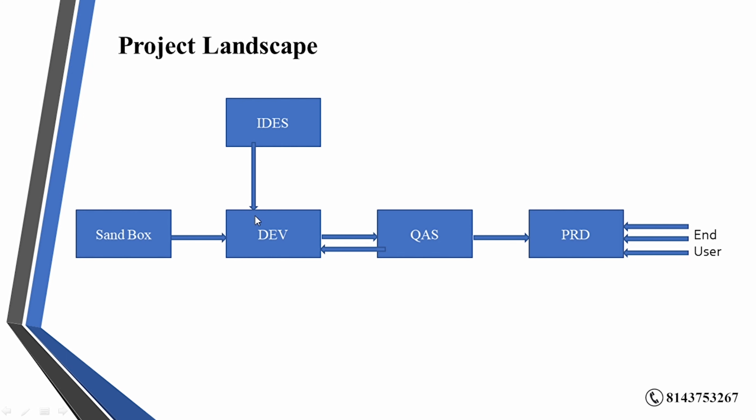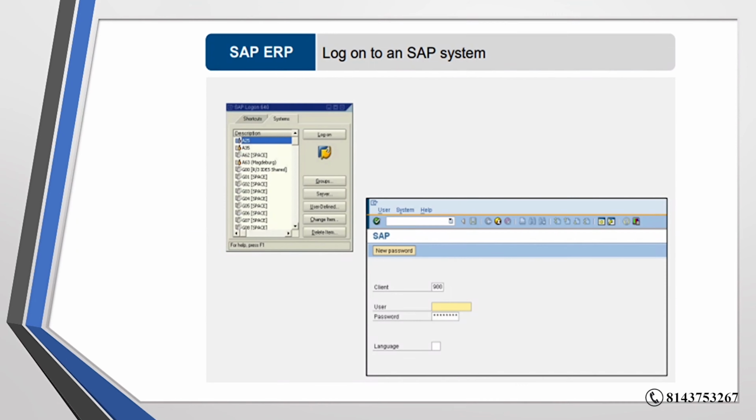ABAPers will access development, quality, IDES and sandbox. We will not have access to production because we will not do any modifications at production level. We will do all the changes at development itself, then share with quality, and once the UAT is approved, it will move to production. That is the project landscape.